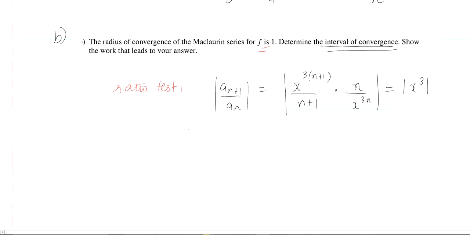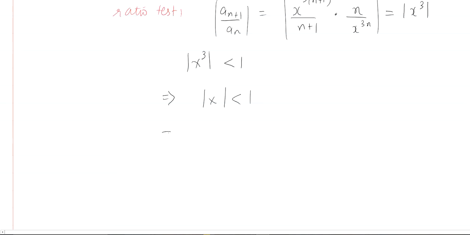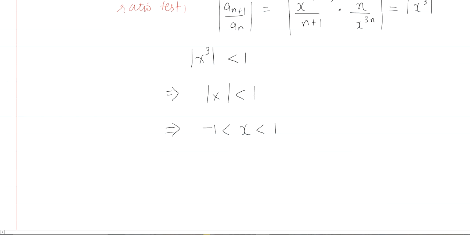We want this x cubed to be less than 1, which implies that we want the absolute value of x to be less than 1. So we know the interval is going to be centered around 0. It'll be within 1 and minus 1.